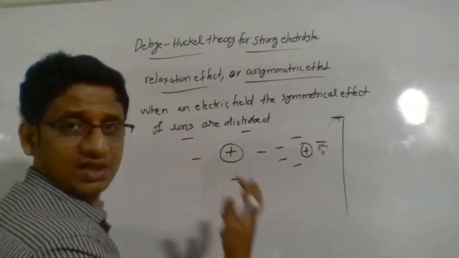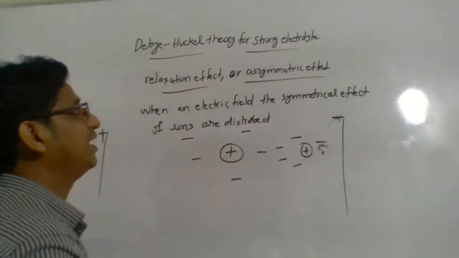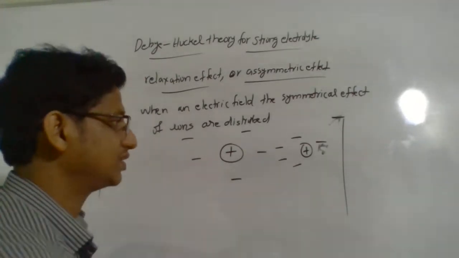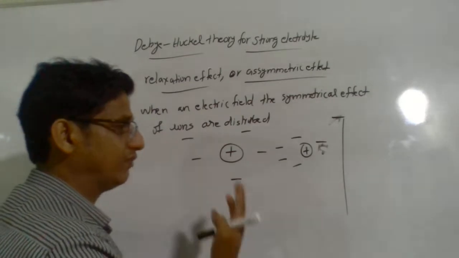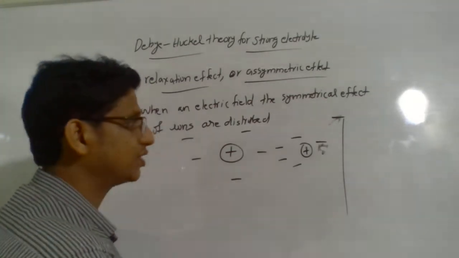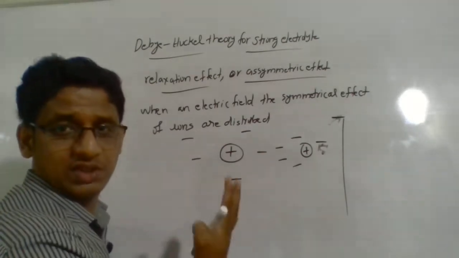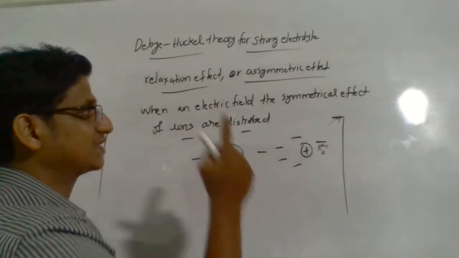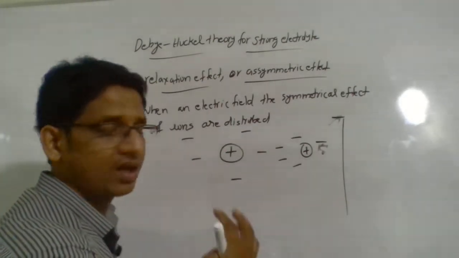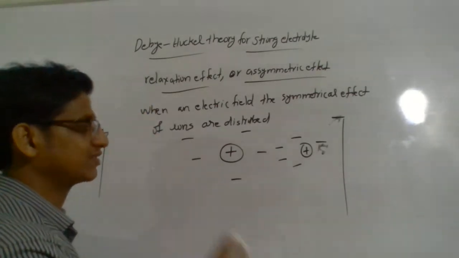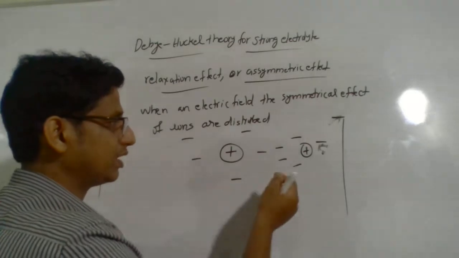That dragging or retarding effect we call the asymmetric effect or relaxation effect, which is a retarding effect influenced on a particular ion due to the presence of an oppositely charged ion in the asymmetric atmosphere. So what's the point here?